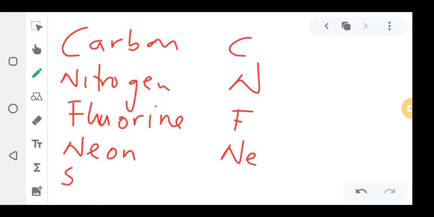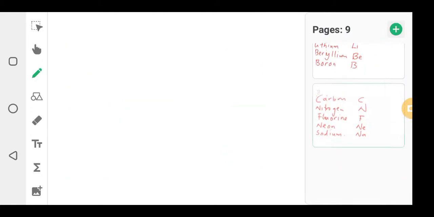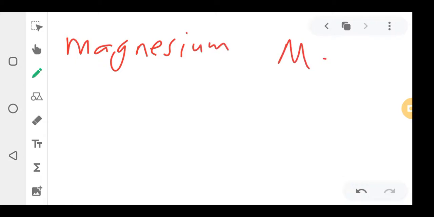We have sodium, the symbol is Na. You need to know these symbols. After sodium, we have magnesium, which is written as capital Mg.